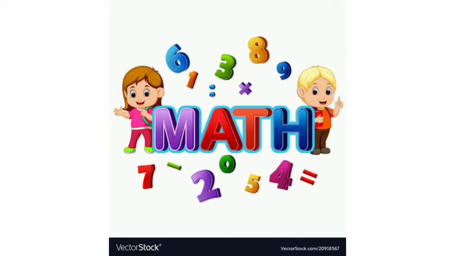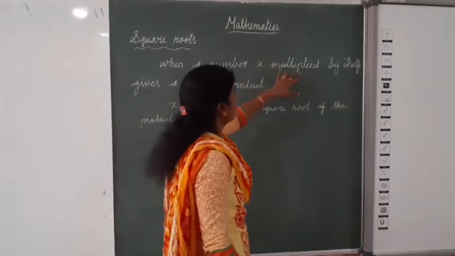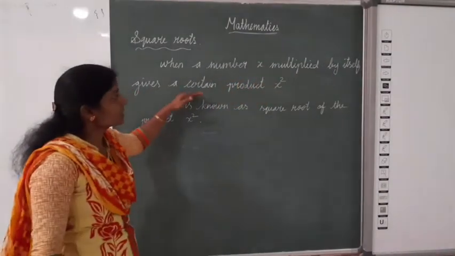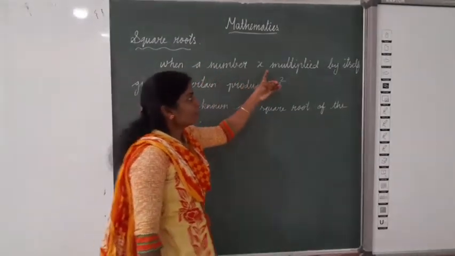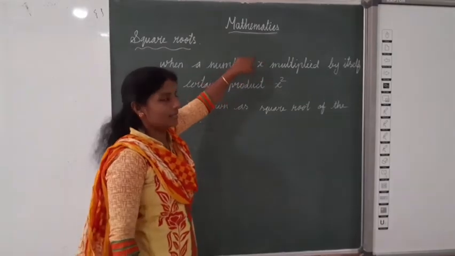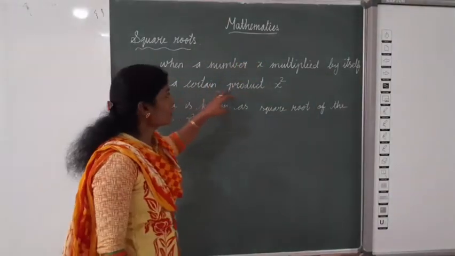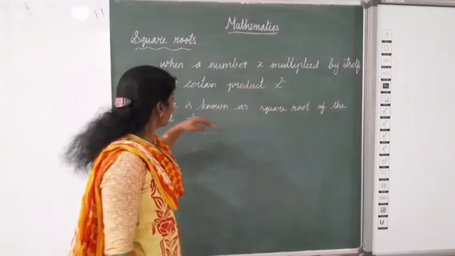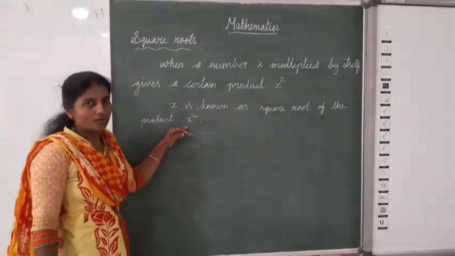Square roots. When a number x multiplied by itself gives a certain product x square, x is known as the square root of the product x square.